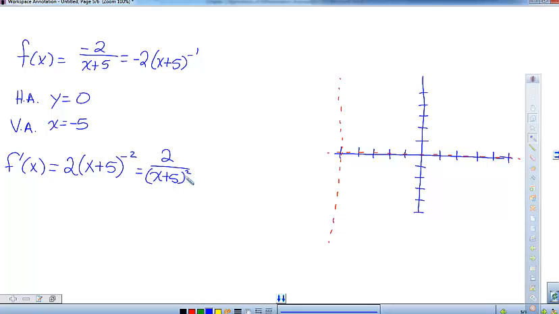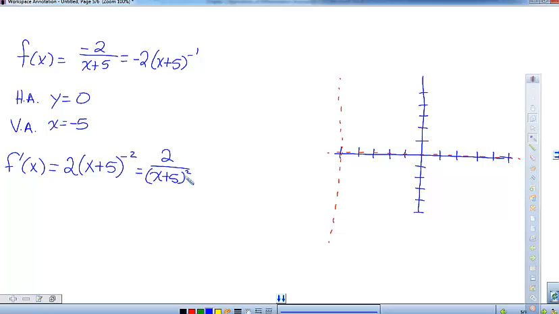Okay. So in that case, it was just easy. This was just a constant, so the constant just kind of went along. But from this, how do we find our critical values?